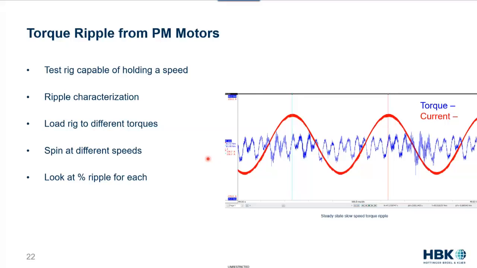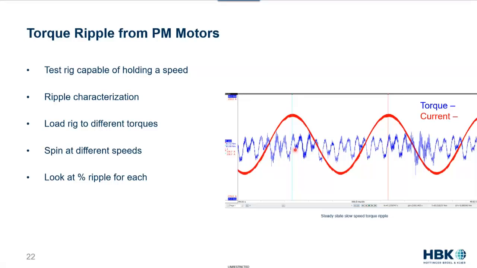In the graph, the red is the current, the blue is the torque. In this particular case, we've picked out one of the worst case scenarios, just so you get a really clear picture. You can see you've got plus minus 4 Newton meters of torque ripple on an 80 Newton meter average torque, which is a pretty high percentage.